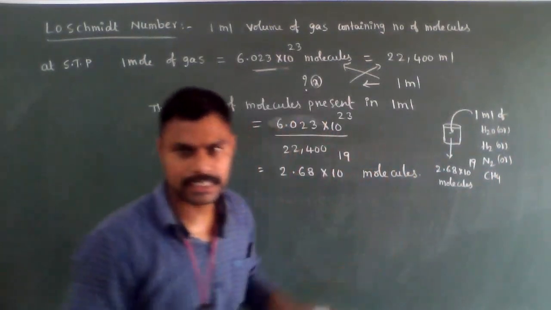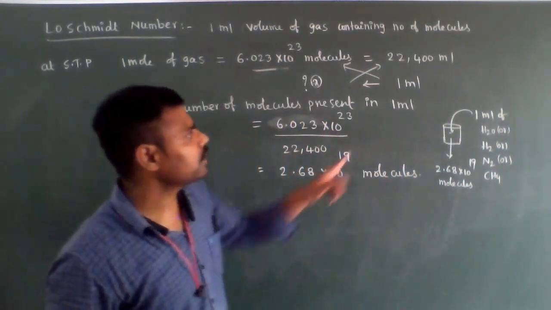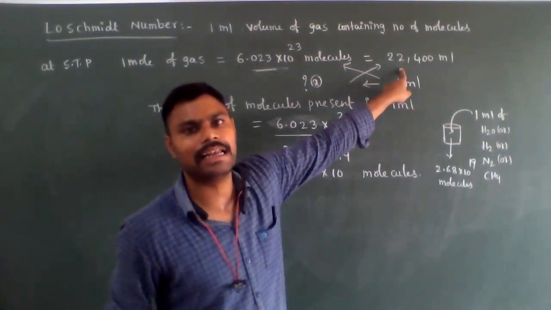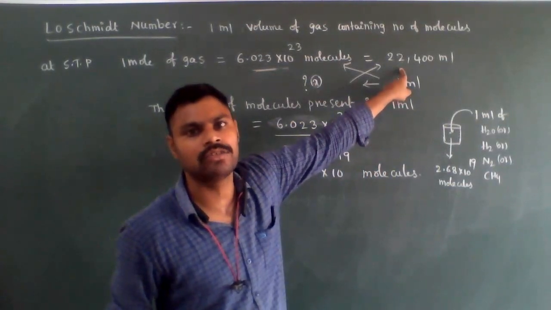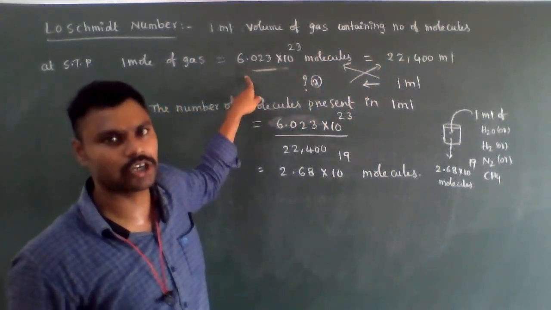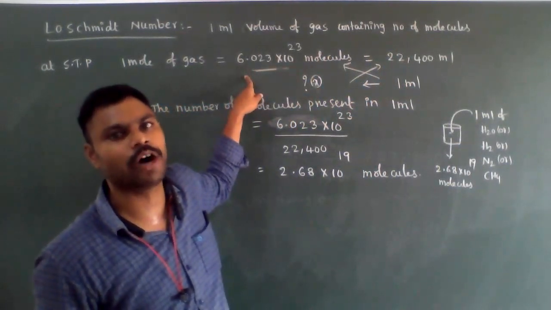How are we getting this? We have one relation: the volume 22,400 ml is equal to the gram molar volume, equal to 1 mole, and that 1 mole is equal to 6.023 into 10 to the power of 23 molecules.